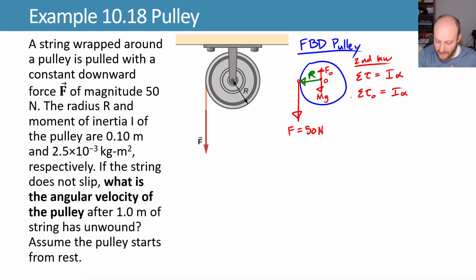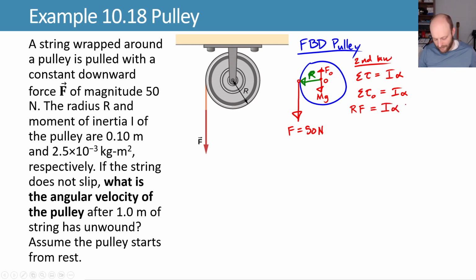What that means is that we will get just this force trying to spin us clockwise, strike that, counterclockwise. So we get R cross F, which is RF sine theta, where the angle between them is 90 degrees. So it's just RF equals I alpha.